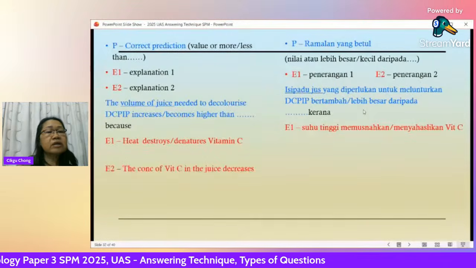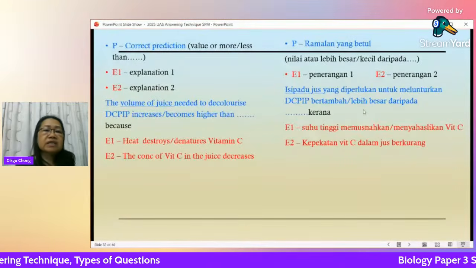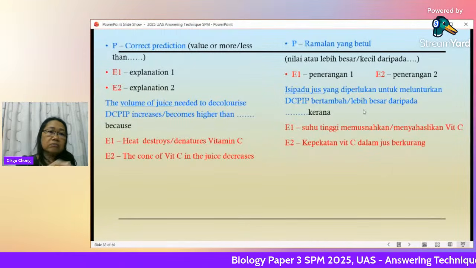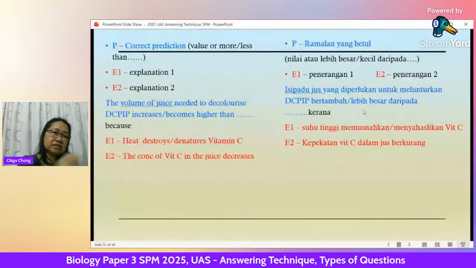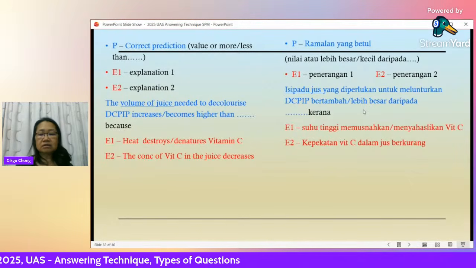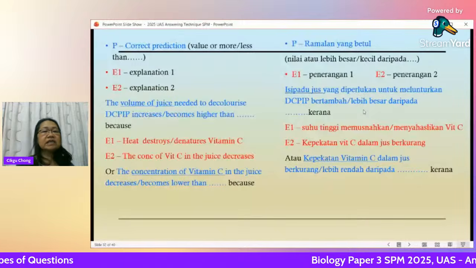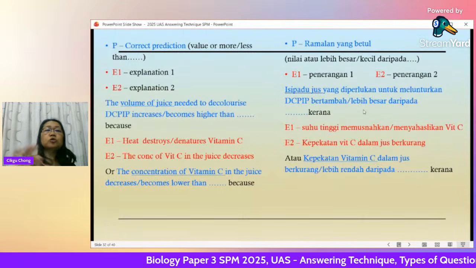Okay. Next one. Another answer is the concentration of vitamin C in the juice decreases. So you explain why you will need more volume of juice to decolorize the DCPIP, because there's no longer so much vitamin C inside there already. Or you can say the concentration of vitamin C in the juice becomes lower than something, because they never ask you predict what.